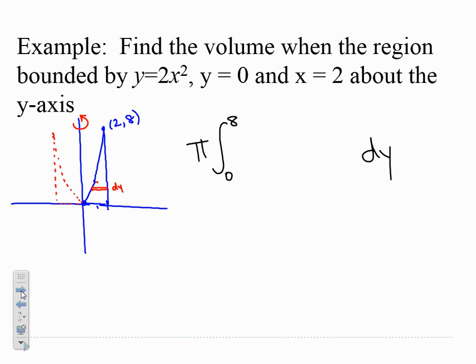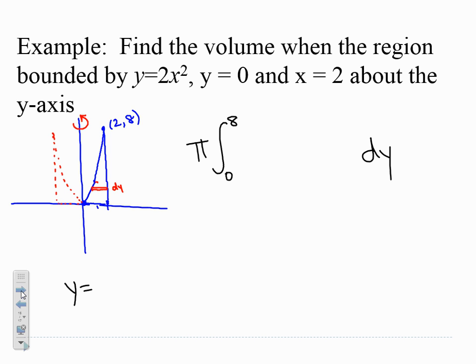Now, before we pick out our two radii, we really have to worry about y equals 2x squared. What do we have to do with that? It has to be in terms of y, so we need to solve for x.